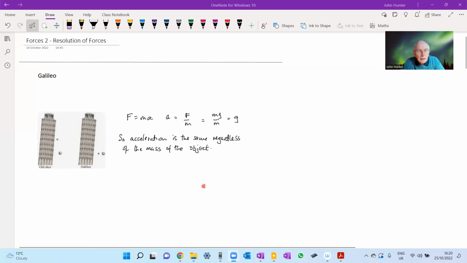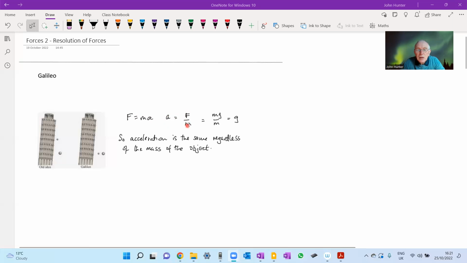And why is that? Essentially, it comes back to Newton's second law of motion, which at the time of course hadn't been formulated because Newton lived after Galileo, but F equals ma. If we rearrange that, the acceleration is equal to the force over the mass.